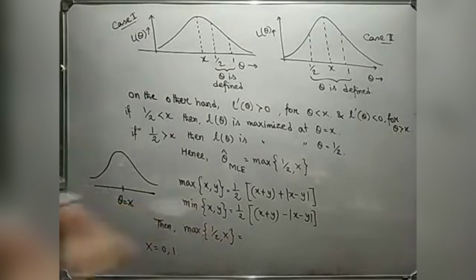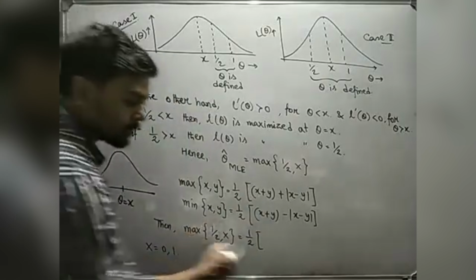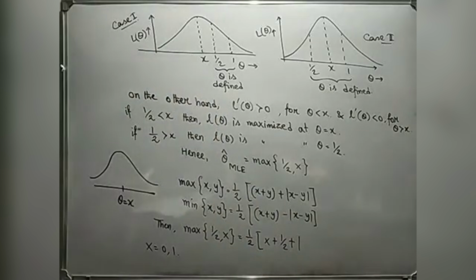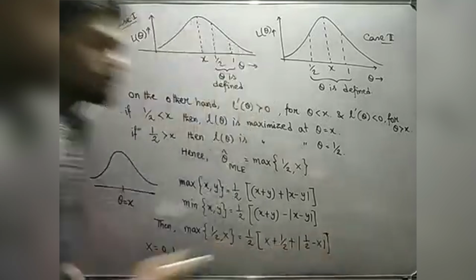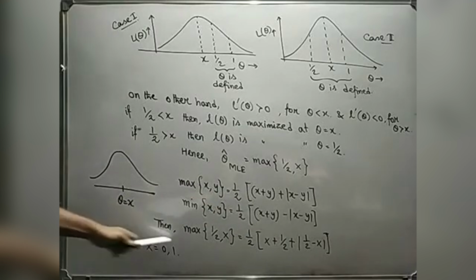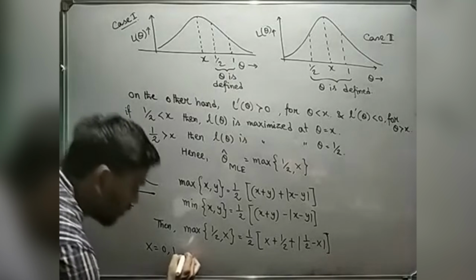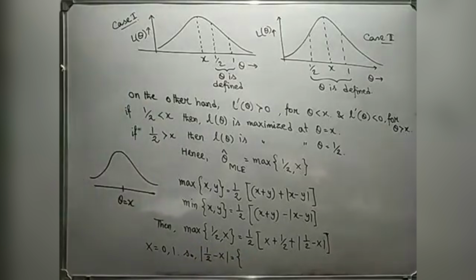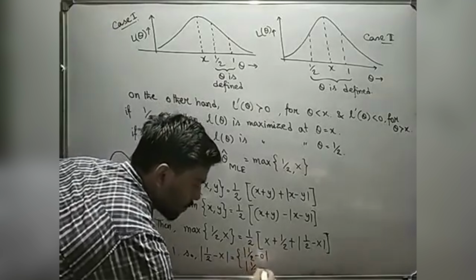Okay, so the maximum of half and x will be half into x plus y. That means x plus half, plus the modulus of x minus y, that means half minus x, or you can say x minus half. As we have the modulus, half minus x and x minus half will be the same. Now we know that x is 0 or 1, so the modulus of half minus x can take only two values, which is half minus 0 or half minus 1.